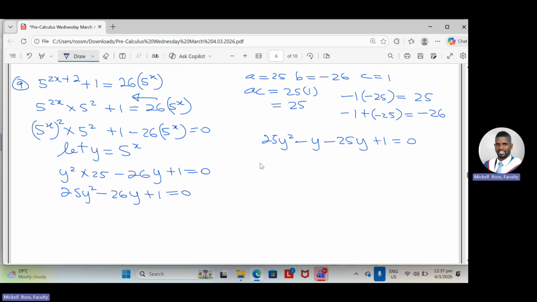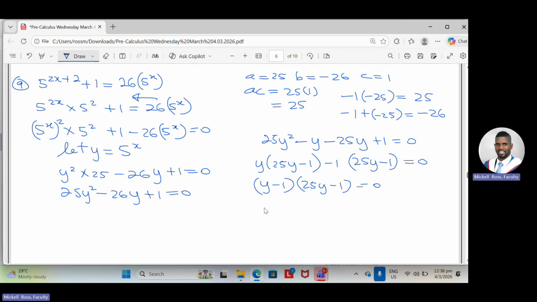Common here is y. So we get 25y minus 1, and we're going to get 25y minus 1. And all we need here is minus 1. So we have y minus 1 and 25y minus 1 equal to 0.